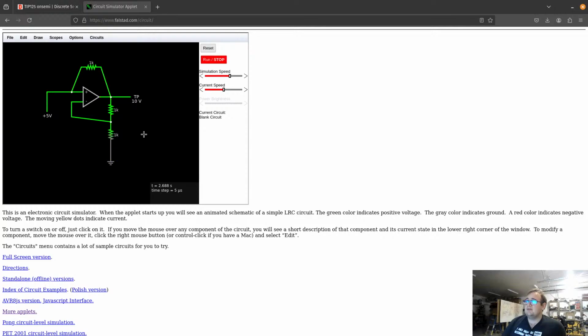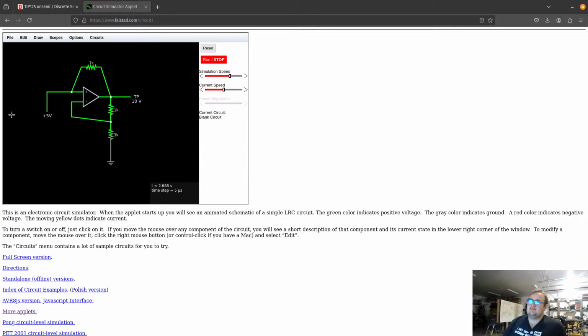Now, let's stop this again. C, we'll change this to, say, 3K. Okay? So now, we have this as a 3 kilo ohm resistor. We have the 1 kilo ohm resistor.